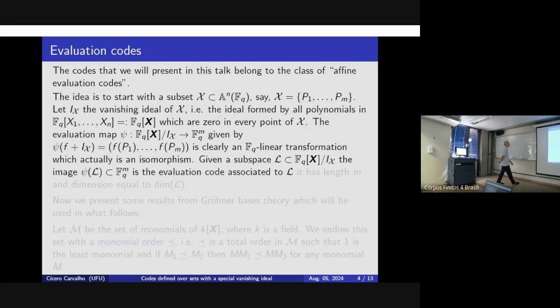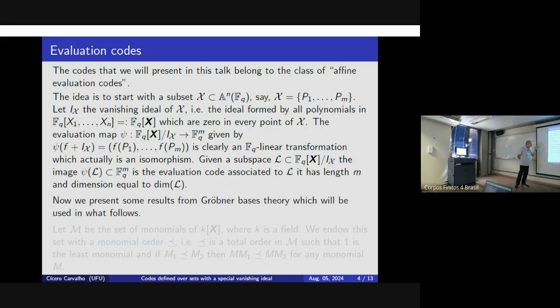Given a subspace L of this vector space, the image is a subspace of Fq^m, so it's a code according to our definition, and this is the evaluation code associated to L. Of course, it has length m, and the dimension of the code will be the dimension of L, since psi is an isomorphism.